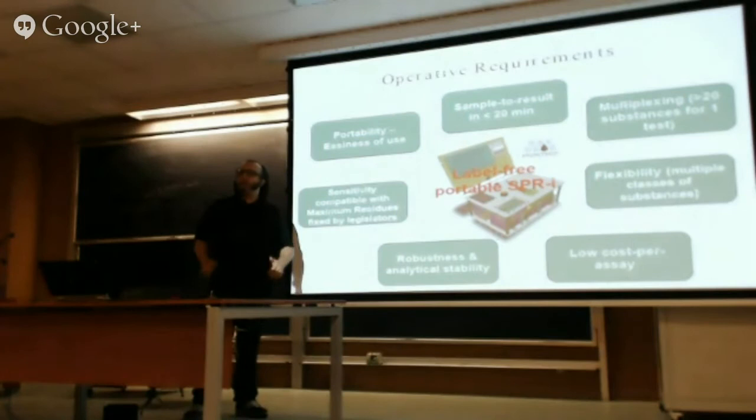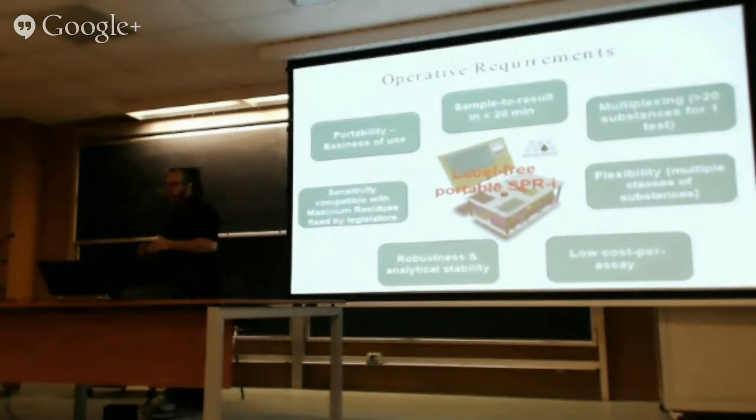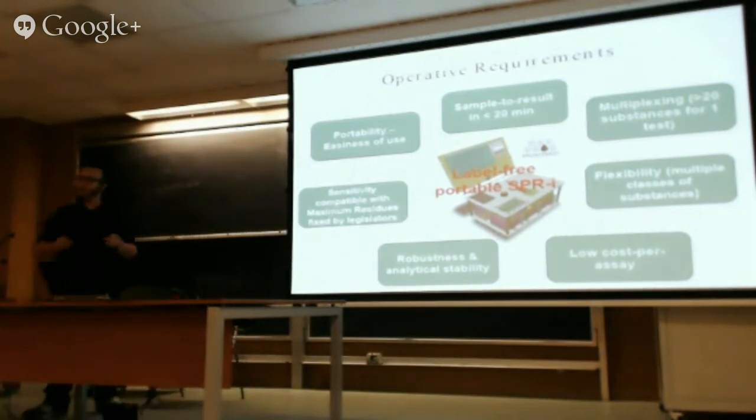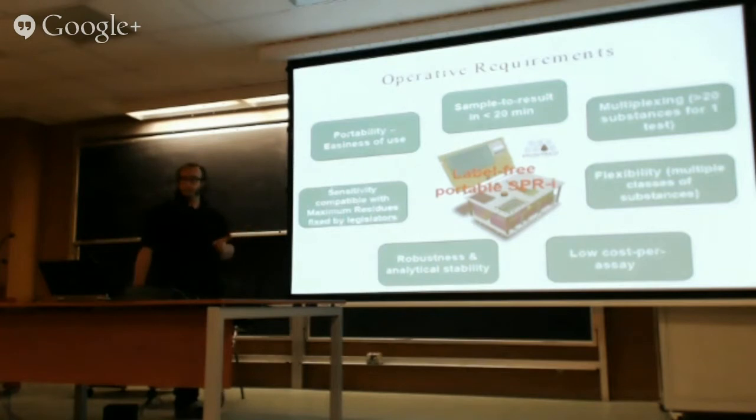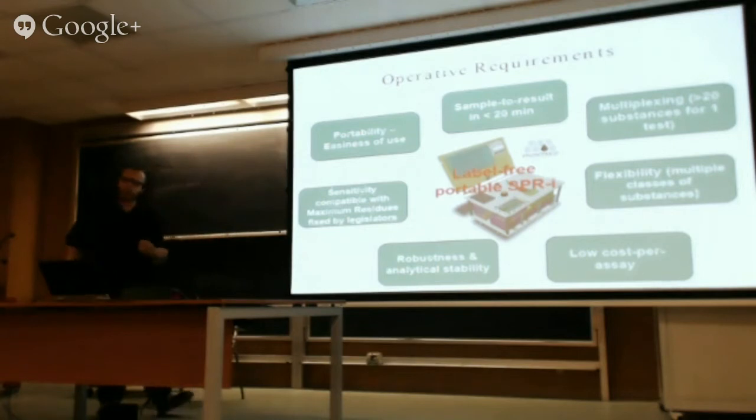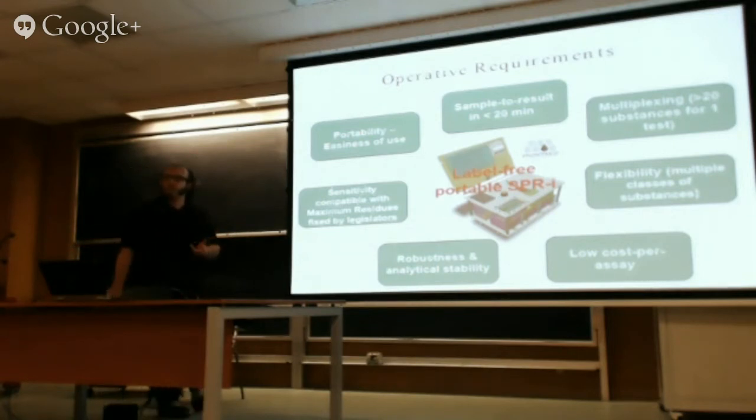Next step, we wanted to apply this. We need to use this system to make measurements that can be useful to, first of all, foods, because we want to understand, for example, if the food that we are eating is safe or not. SPR is one of the most useful techniques because it's quite simple to read out, it's quick.